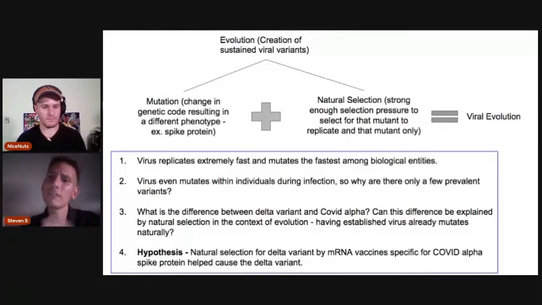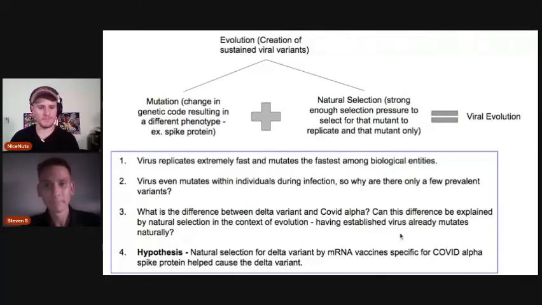So these variants that we're seeing are not a function of mutations. Mutations happen all the time. They're a function of the natural selection pressure that we artificially are putting on this virus. Like you said, we're sending the virus for a workout by saying, look at all these vaccinated people that don't like that one original COVID spike, so I dare you to come up with a new one. Okay, I'm on board.